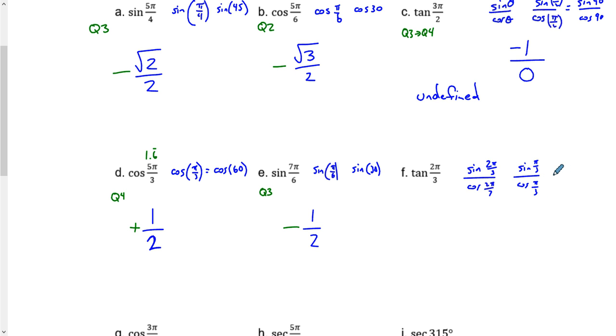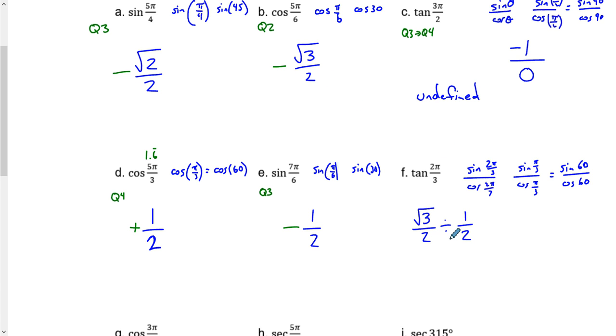Thirds, 60s. Okay. So we're looking for the sine of 60 divided by the cosine of 60. The sine of 60 is root 3 over 2. But we have to divide it by the cosine of 60, which is 1 over 2.